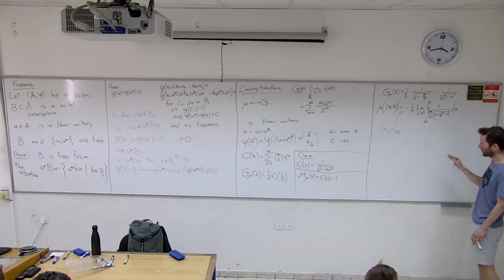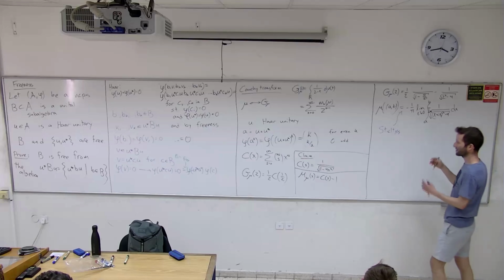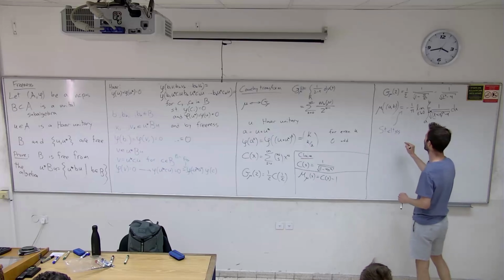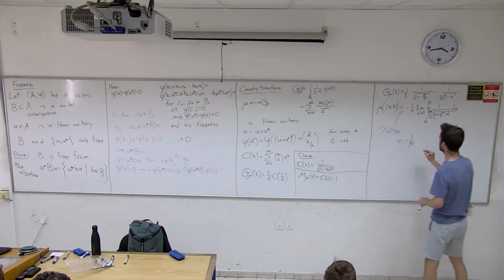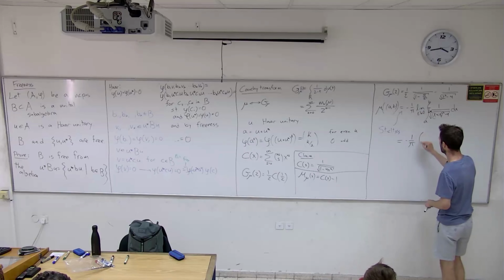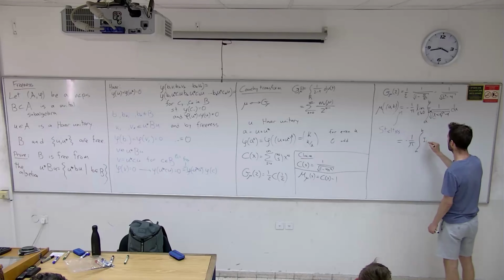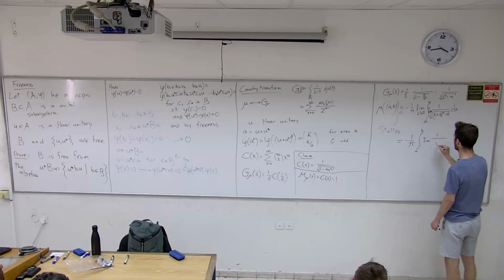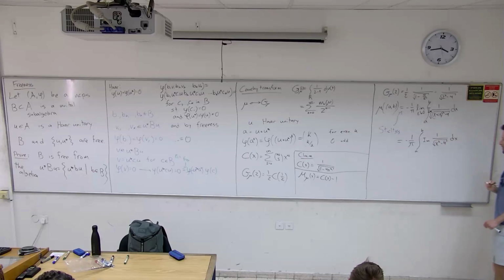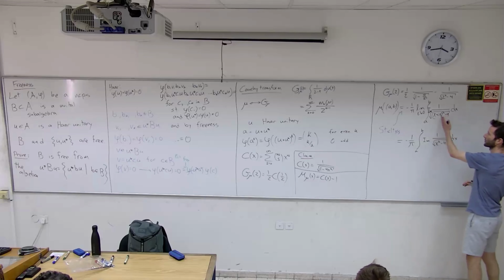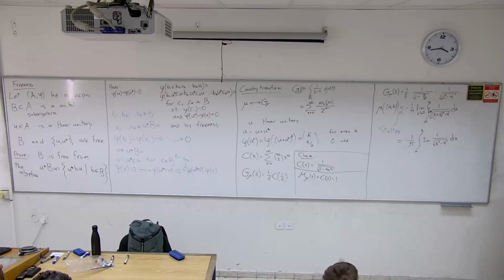And now what I'm going to do, making no excuses, because you heard all the justifications for it today, is minus 1 over pi, the integral from a to b of the imaginary part of 1 over... okay. I just put 0 for epsilon and that's it.